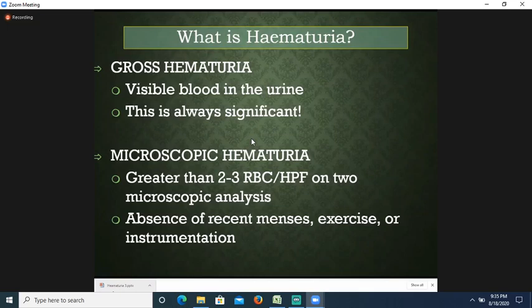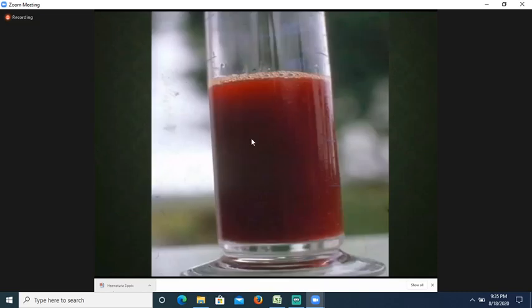What is basically hematuria? How would you define it? Gross or visible is that you can see red blood in the urine, in a urinary pot. In our scenarios, some people don't have that facility in their home, so they have what we call the Indian WC.